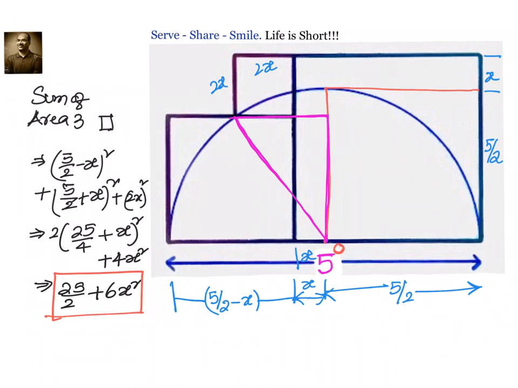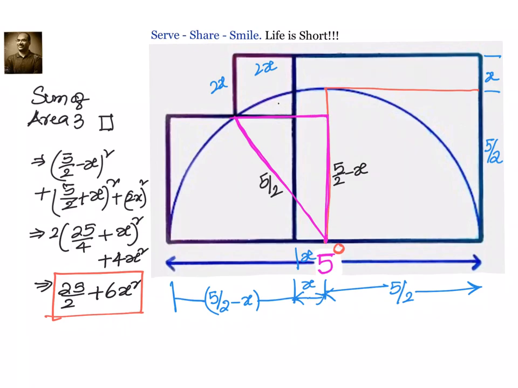Now let us see what the sides there are. This I know is 5 by 2 minus x, and I know this is 5 by 2, and I know this length is equal to 3x. Why? Because the left out is x, we know this length is x, so this is also x, so this total length will become 3x.